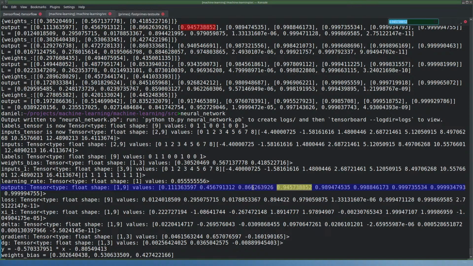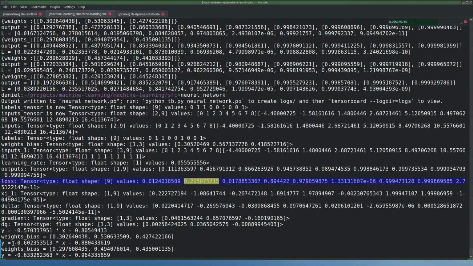Yep. And the loss. So they completely agree. And then the updated weight is, we get a C and a delta, and we get a gradient, and we get a Y value.